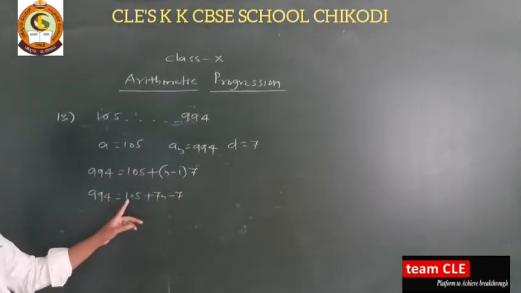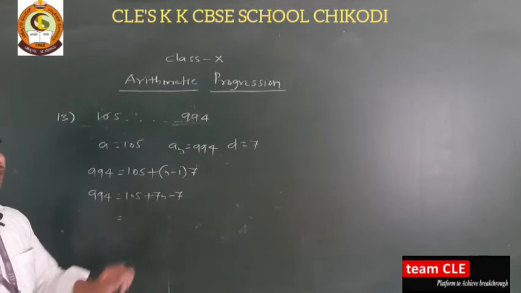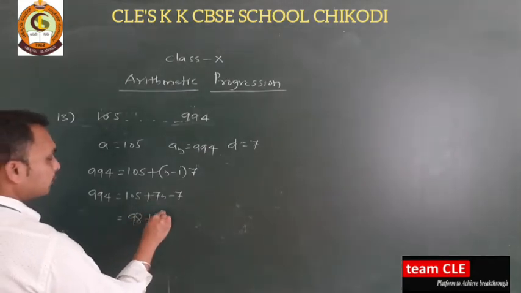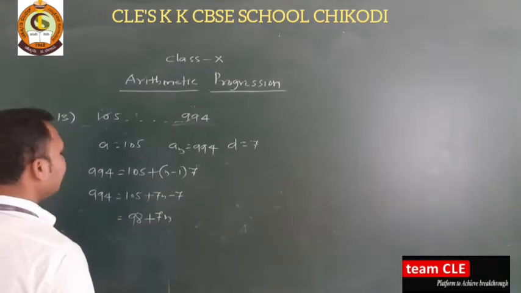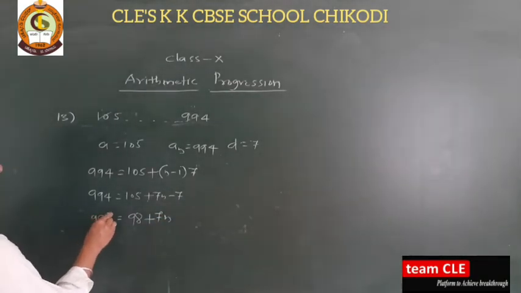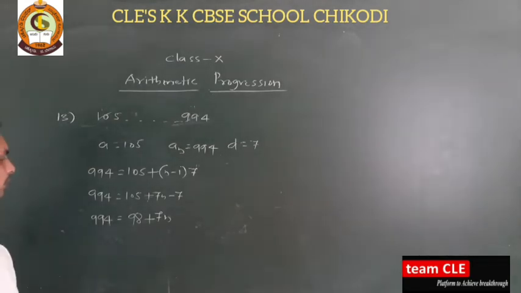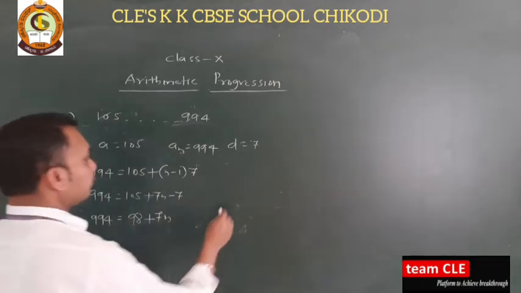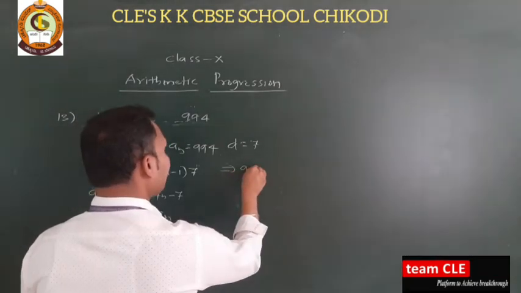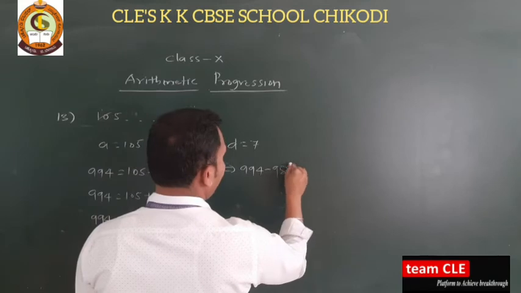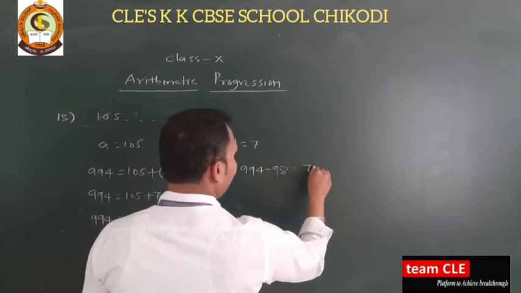So how much will you get? 105 minus 7, so you will get 98 plus 7n. This is 994. Once you get this, transfer this to this side. So what happens? It is 994 minus 98 is equal to 7n.